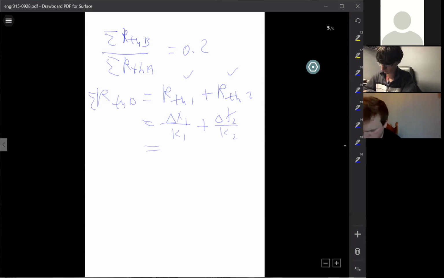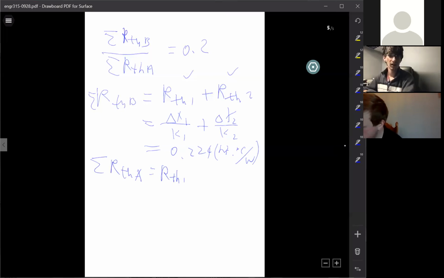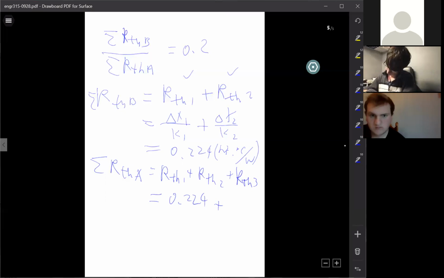It equals 0.224 meter square Celsius per W. This is the unit of the thermal resistance, okay? So how about in situation A with the insulation? It will be the same RTH1 plus RTH2 plus RTH3. RTH1 plus RTH2 is 0.224. How about RTH3? That's the thickness, which is your unknown, right? K is given.